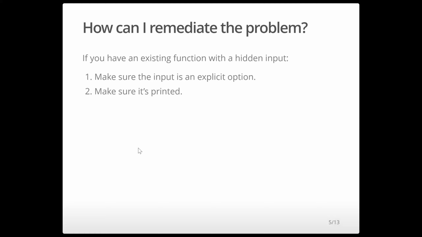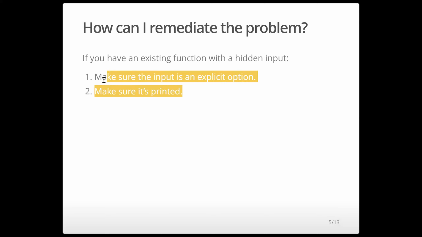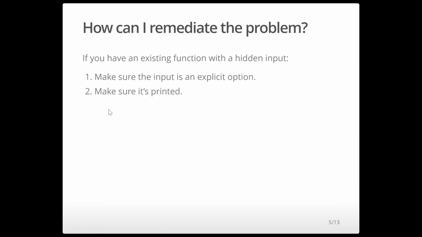So if we do have code that is written that way, what can we do about that? This comes literally from the guide I mentioned before, the Tidyverse Design Guide. If you have a function that has hidden inputs, there are 2 steps we can take.